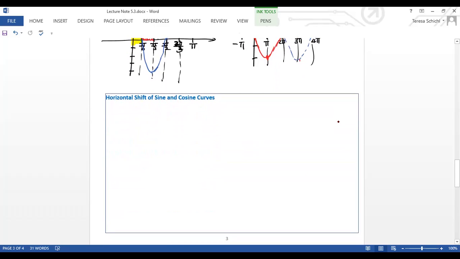Okay, so now the next thing we're going to talk about is a horizontal shift. This is the one we talked about before, when we did other graphs, where we say it's shifted to the right or shifted to the left, right? So for the given function, if y is equal to a sine(kx minus b), or y equal to a cosine(kx minus b), it's the same here.